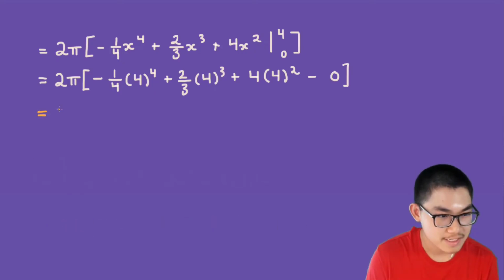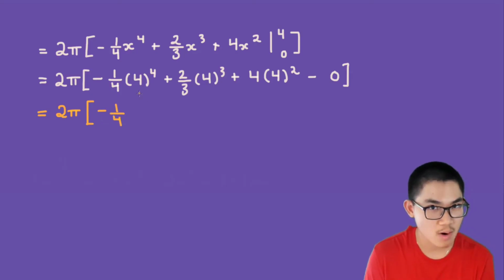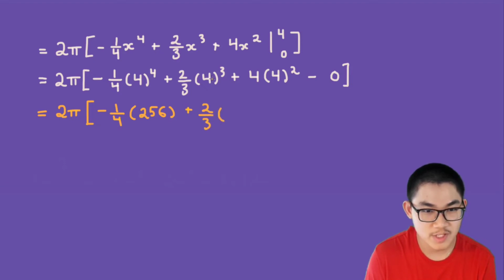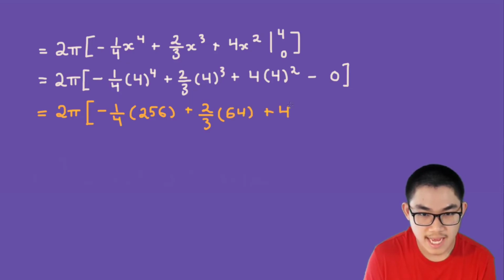Let's rewrite this as 2 times pi times negative 1 over 4. And 4 to the power of 4 is going to be 256. So 256 plus 2 over 3 times 4 to the power of 3 is 64. Plus 4 times 4 to the power of 2 is just going to be 16.